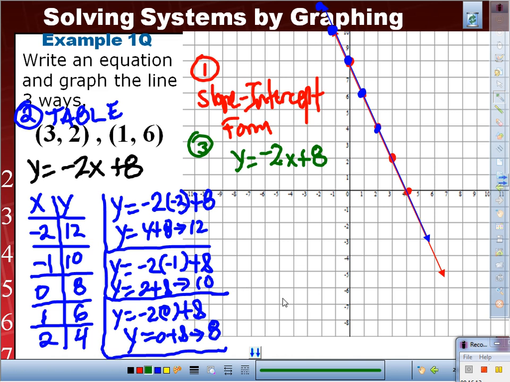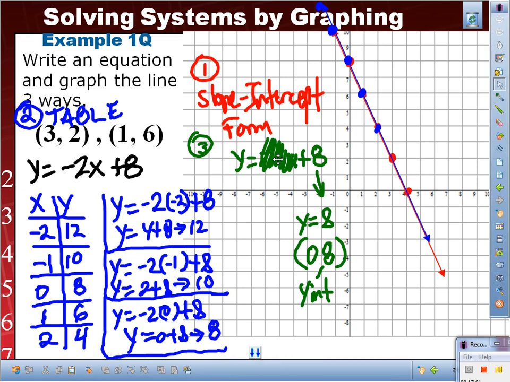I want you to cover up the x. So if we cover up the x, look up. What do we have left? y equals 8. And what do we write for that? 0, 8, which is my what? Y-intercept. You guys remember that?